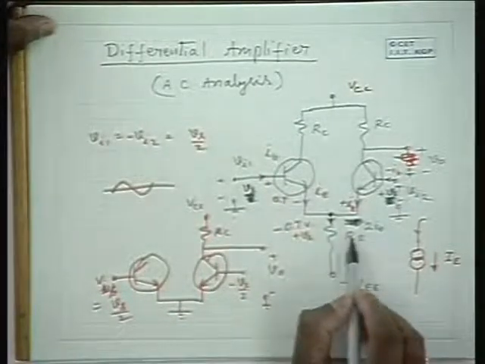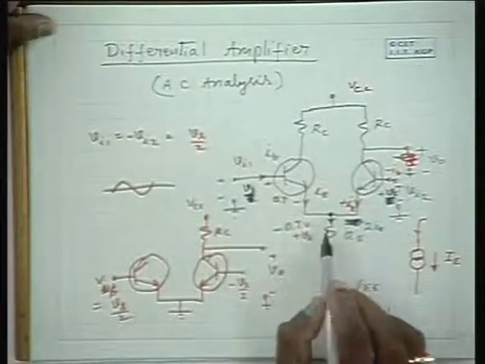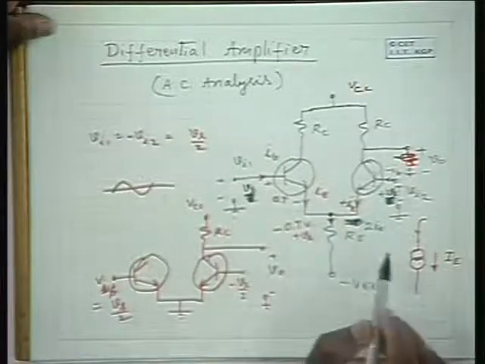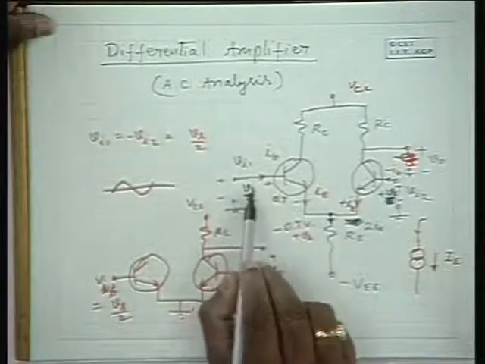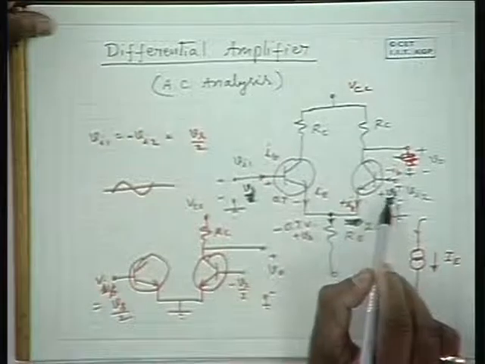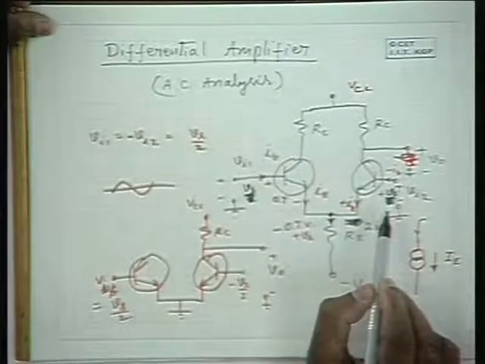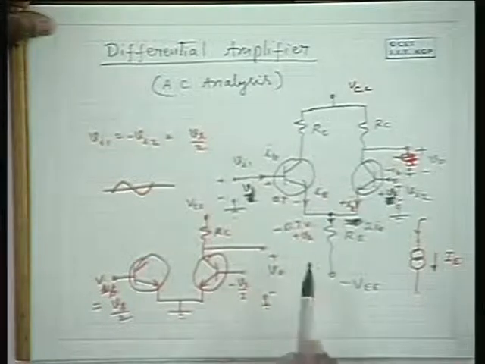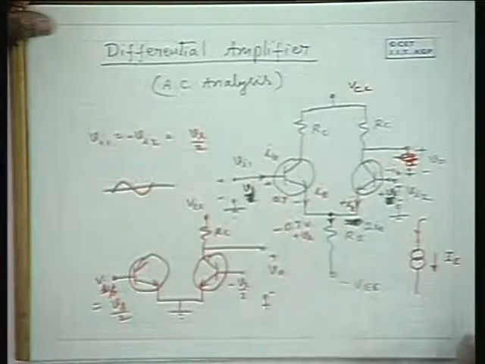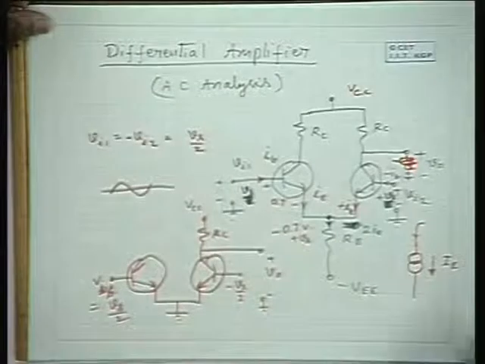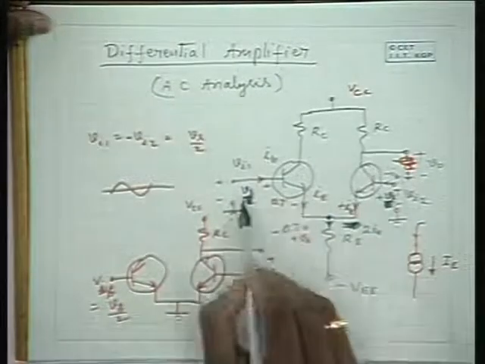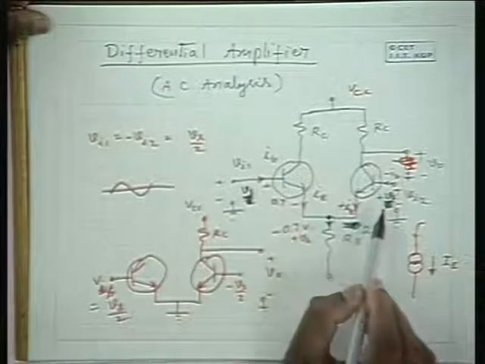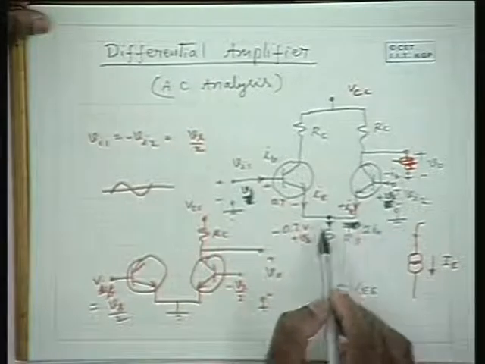Please note that the situation of RE becoming 0 arises only when you apply a signal Vs here and minus Vs here. Only in that case there is no change in the potential and this is equivalent to ground. But in this situation where you have a common mode signal, that means Vs here and Vs here, it is not like that.